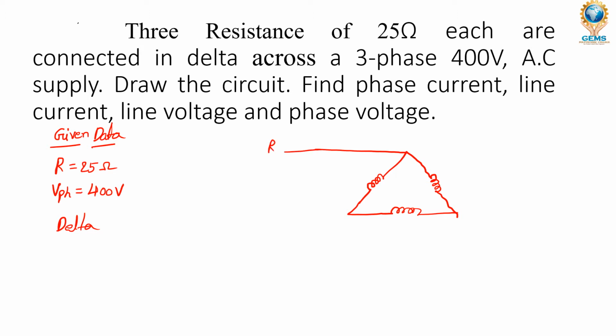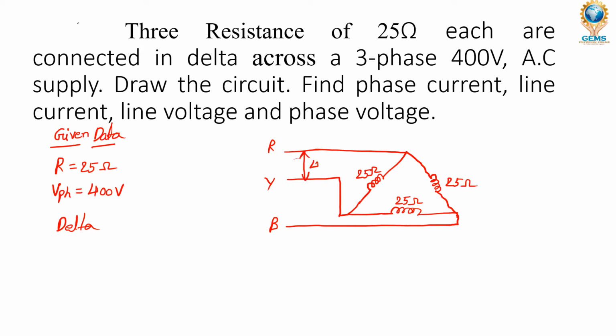R phase, Y phase, this is B phase. So each resistance is 25 ohm, 25 ohm, 25 ohm, these are connected across a phase voltage.